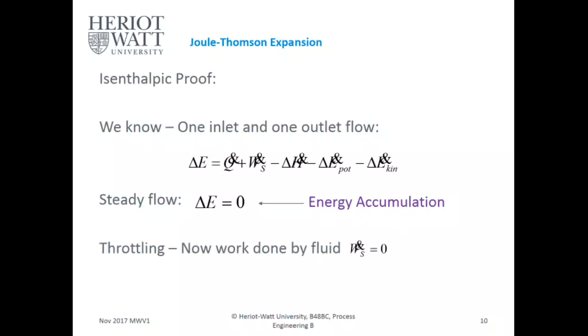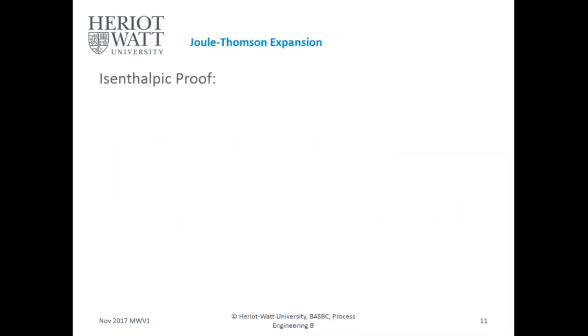Now, with throttling, no work is done. I don't know why you have these signs. They weren't there before. So shaft work equals zero. So the isenthalpic proof. For the adiabatic process, you know Q equals zero. And for a horizontal pipe, there is no change in potential energy. It's constant, so it's not falling.